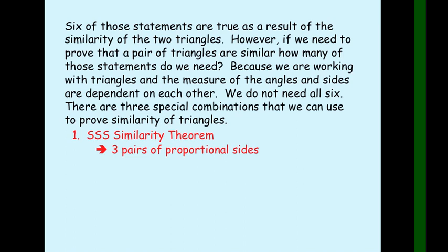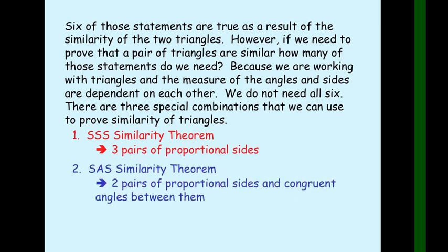We have the first one, the SSS similarity theorem, or the side-side-side similarity theorem, wherein three pairs of sides are proportional. Then the SAS similarity theorem, or the side-angle-side similarity theorem: two pairs of proportional sides and congruent angles between them.